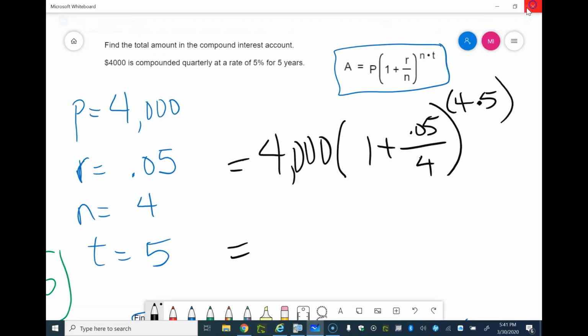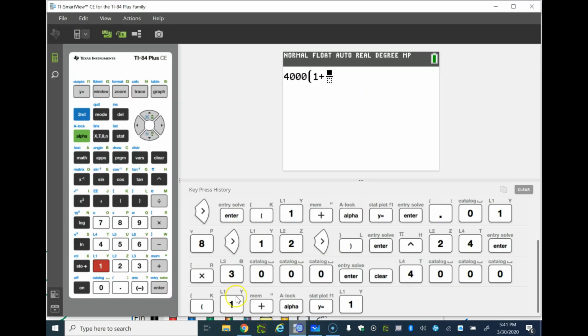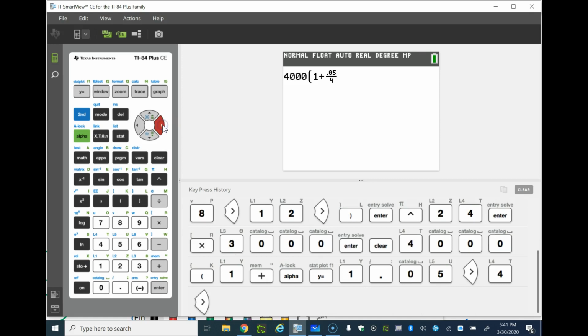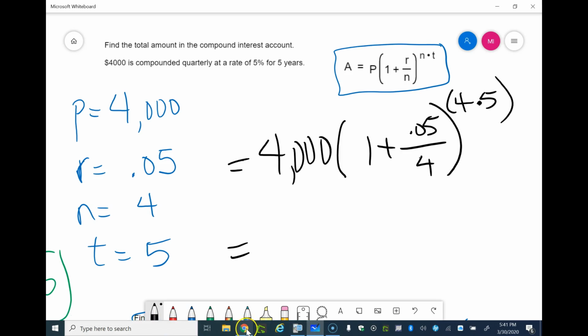Oops, hit the wrong button. Calculator. So 0.05, 4, close parentheses, then raise it to 4 times 5.